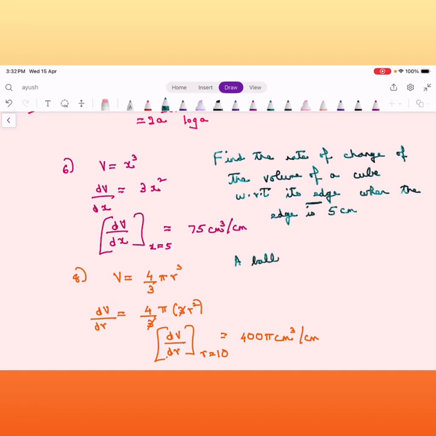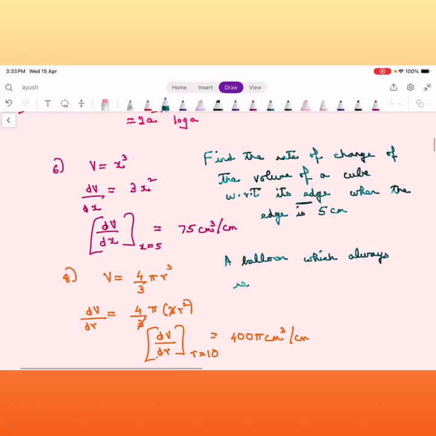Coming to the next question, a balloon which always remains spherical has a variable radius.